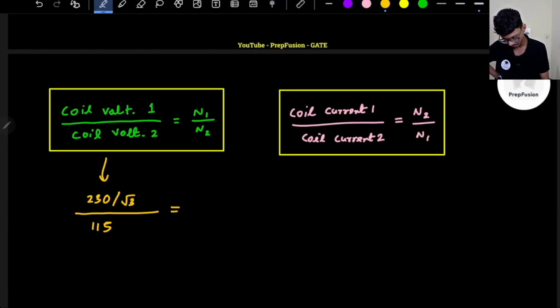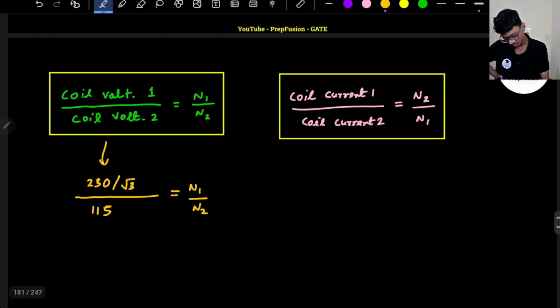This will be equal to N1 divided by N2. So the ratio N1 divided by N2 comes out to be 2 root 3.